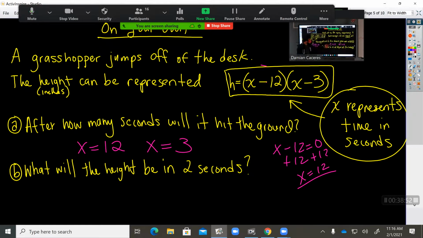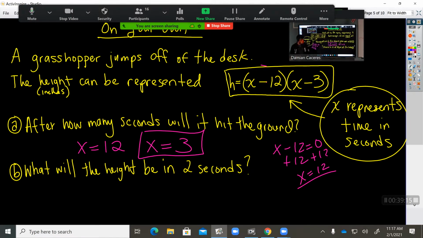But in real life, there's only one real solution here, because he's not jumping off of the ground, he's jumping off of a desk. So, between 12 and 3, which is a real legitimate solution? 3. Why is 12 not a legitimate solution?